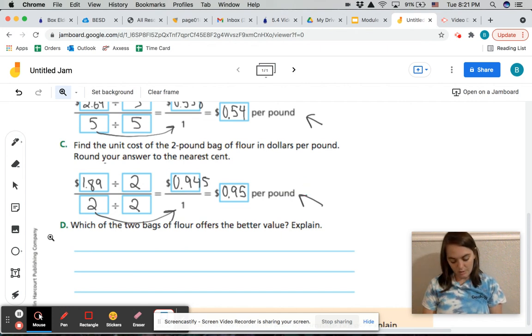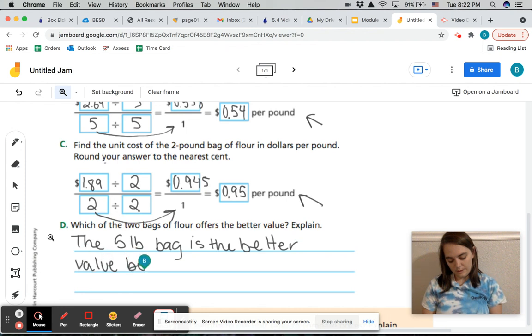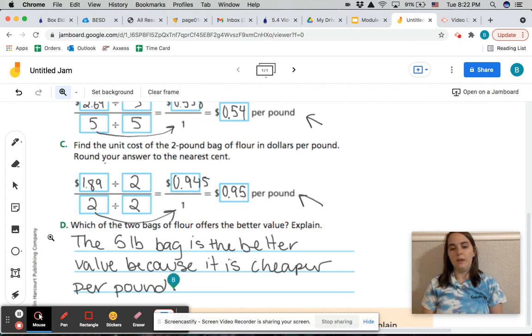So the 5-pound bag is the better value because it is cheaper per pound. Yay! Okay, there you go. Move on to task number 2.